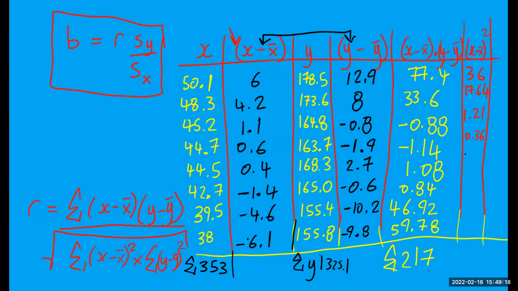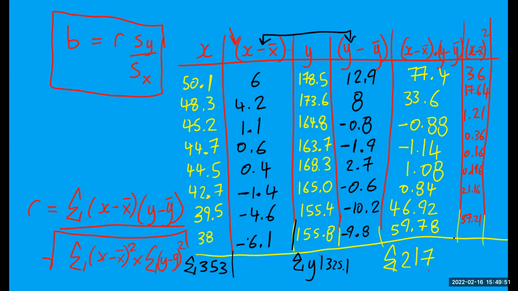Then 0.4 squared is 0.16. 1.4 squared is 1.96. 4.6 squared is 21.16. And then 6.1 squared is 37.21. It's a lot of work.